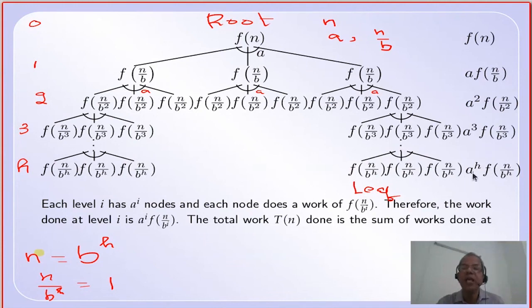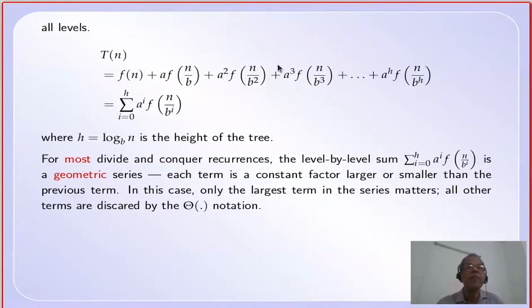And the last term is a power h times f of n by b to the power h. And that is what we have written here. You can write it as the sum of a power i times f of n by b power i for i equal to 0 to h. It is a geometric series.